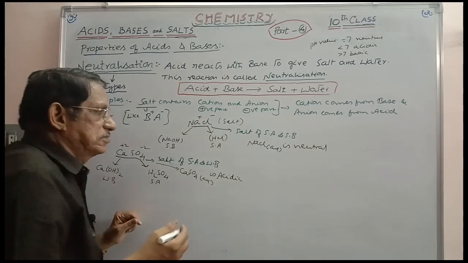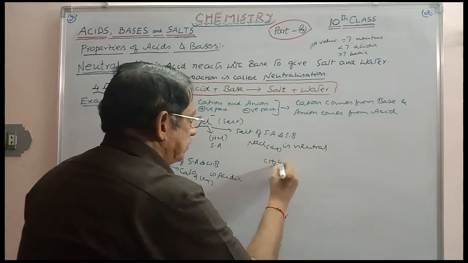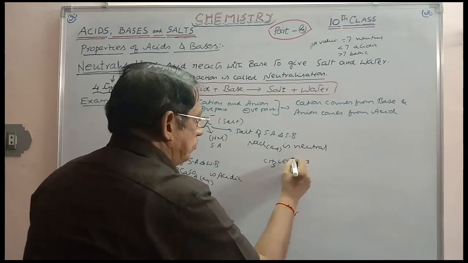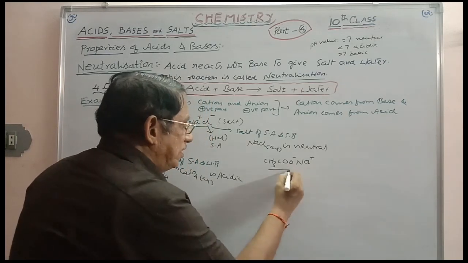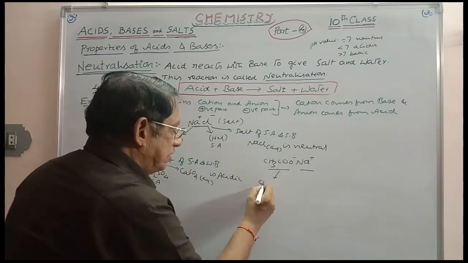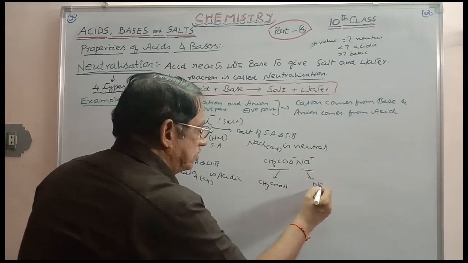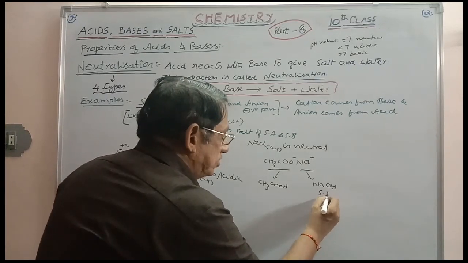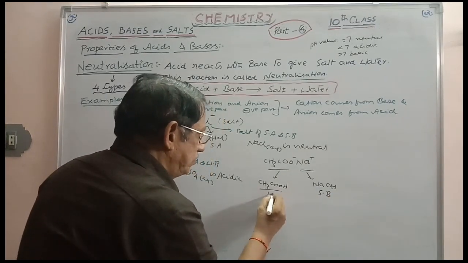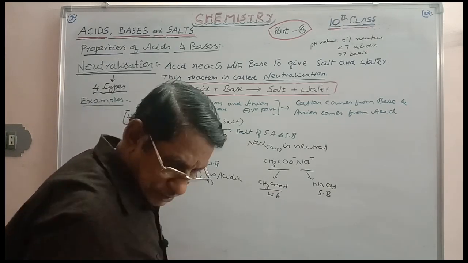You can take some more examples like CH3COO- Na+. This is sodium acetate. This is the anion, this is the cation. The anion comes from acetic acid, you have to add H+. The cation comes from the base, namely NaOH. You know, NaOH is a strong base, acetic acid is a weak acid. So here, what about this salt?